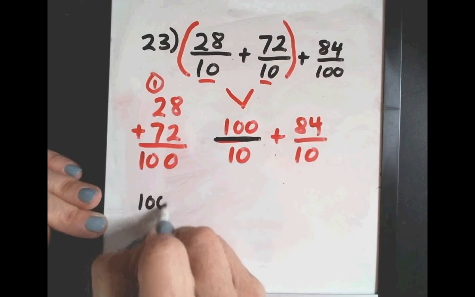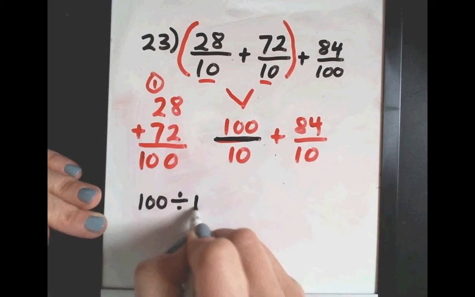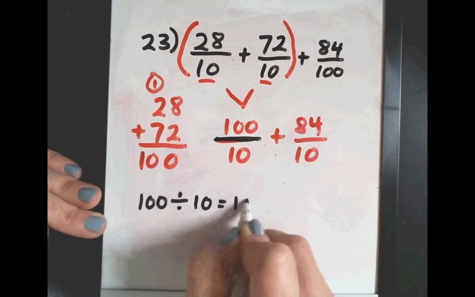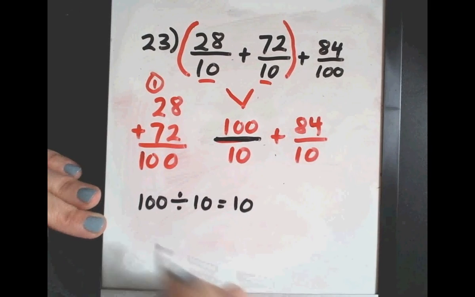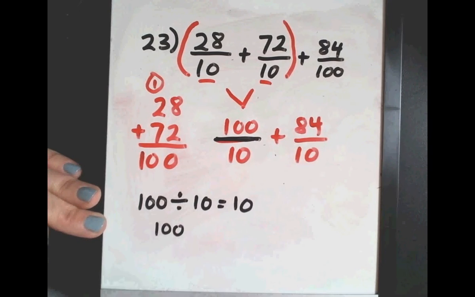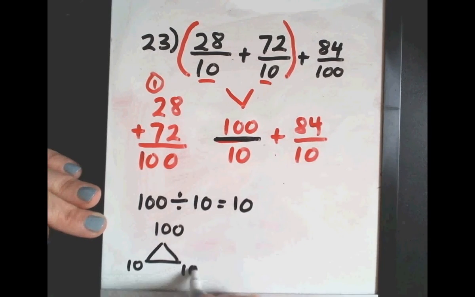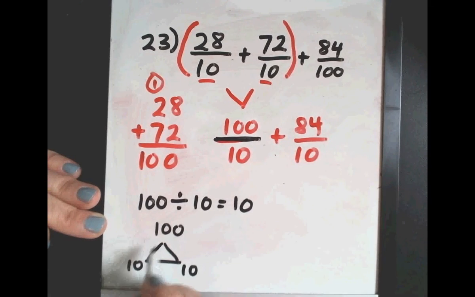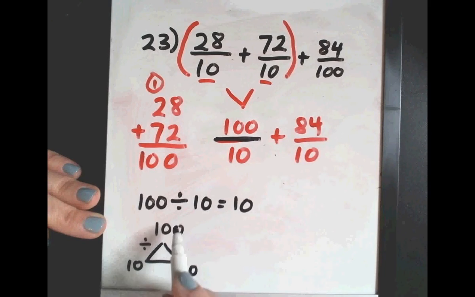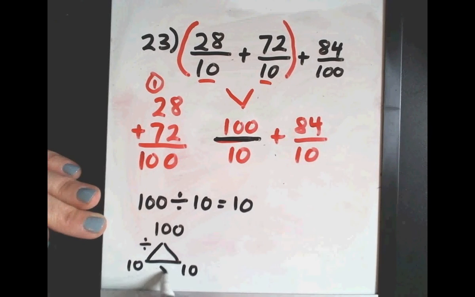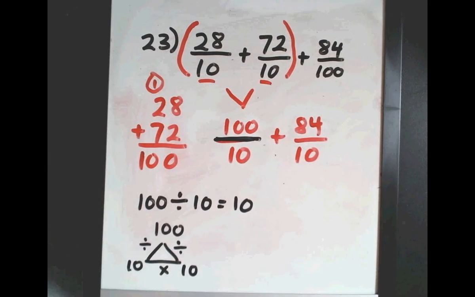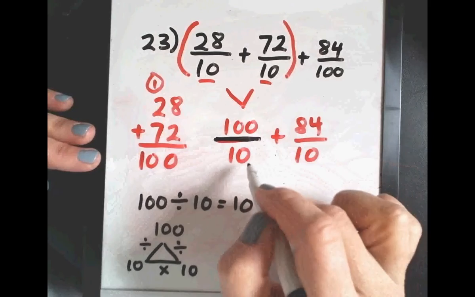So this fraction bar also means to divide. So I know that 100 divided by 10 equals 10, because if I'm doing my fact family, 10 times 10 is 100. And remember, it's slide, and divide. So 100 divided by 10 is 10, or 10 times 10 is 100, and 100 divided by 10 is 10.